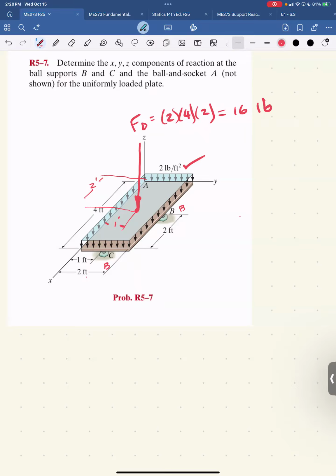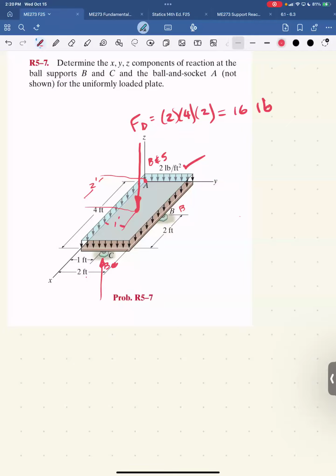Ball and socket at A. This is a ball and socket. No problem. The rollers, the ball supports at C and D, they just prevent movement in the Z direction. The rollers, you can slide on the X and Y if the ball and socket joint weren't there. So there's only one reaction at C.